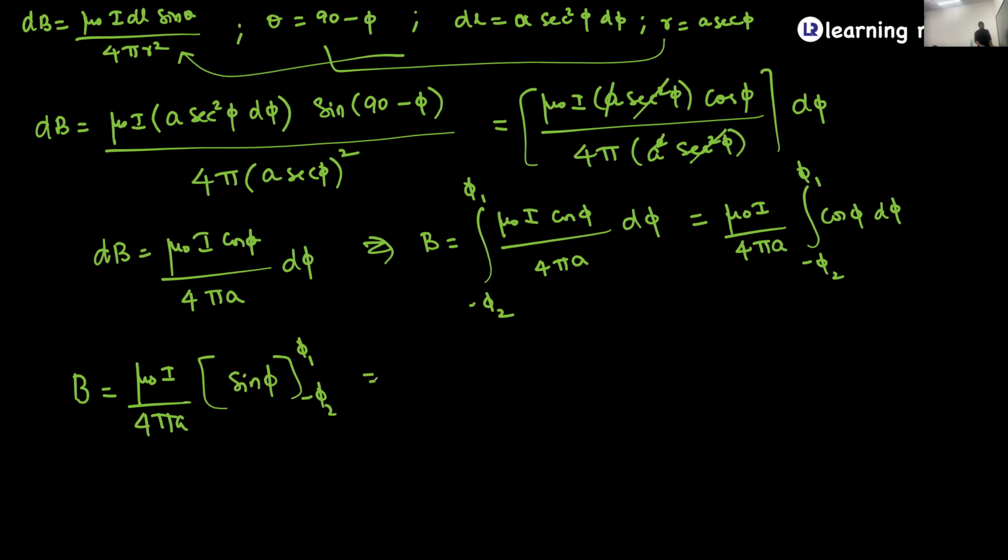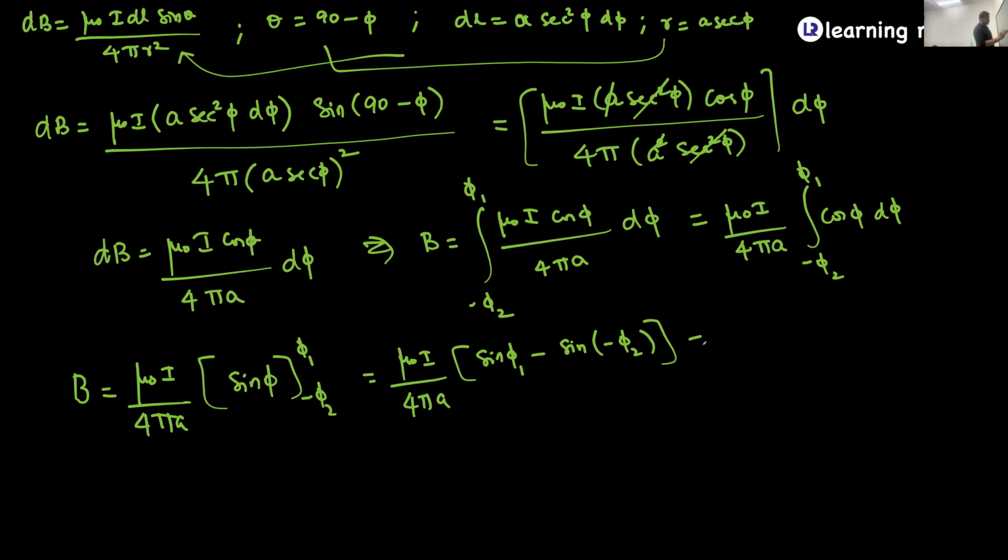This will be equal to mu naught I divided by 4 pi a, the whole multiplied with, bring that phi 1 inside, it becomes sine phi 1 minus, you take the minus phi 2 inside, it becomes minus sine of minus phi 2. So sine of minus phi 2 is minus sine phi 2. So minus of minus will become plus.